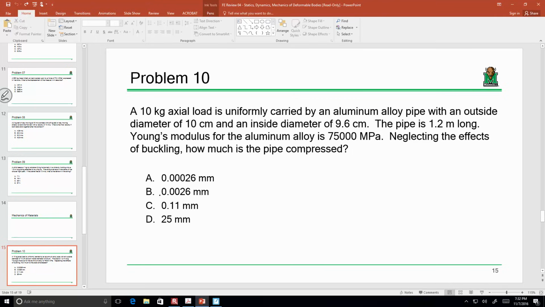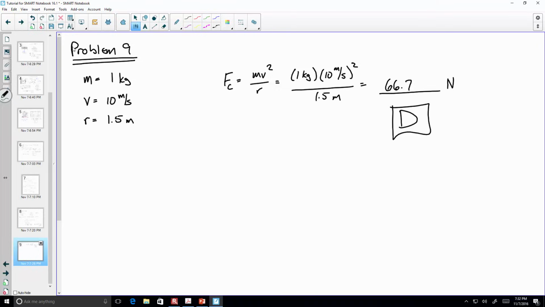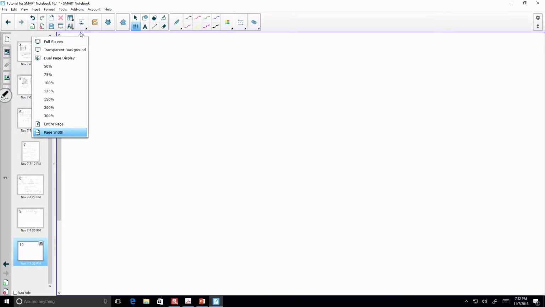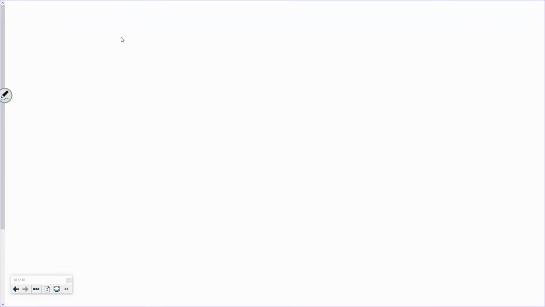Okay, so this should be pretty straightforward. So problem 10. Okay, so let's start off with the axial load.